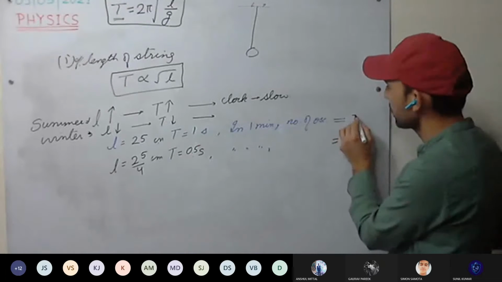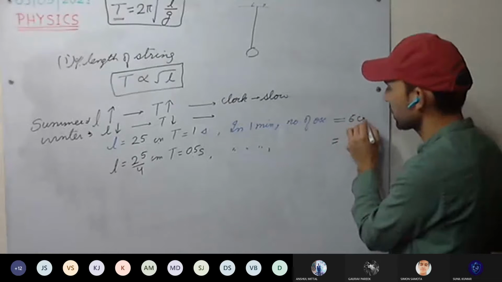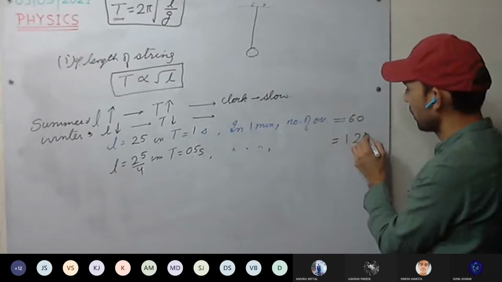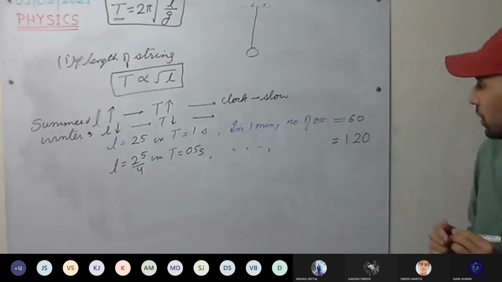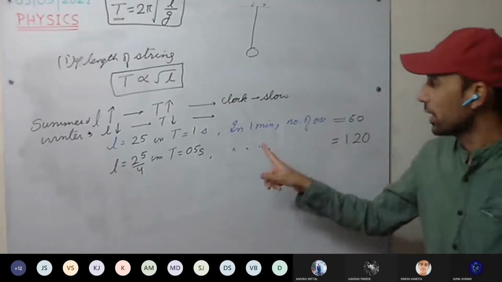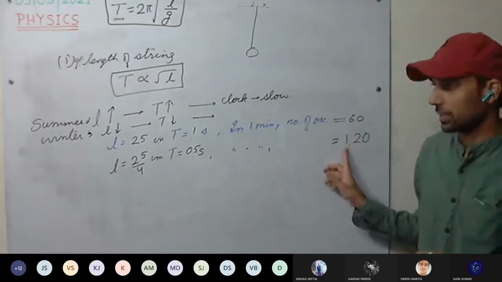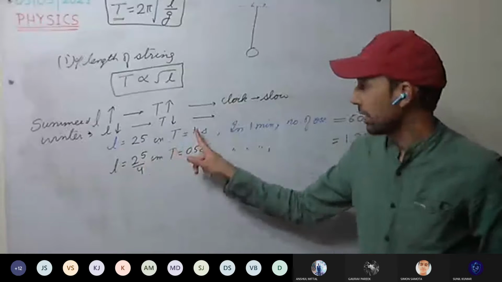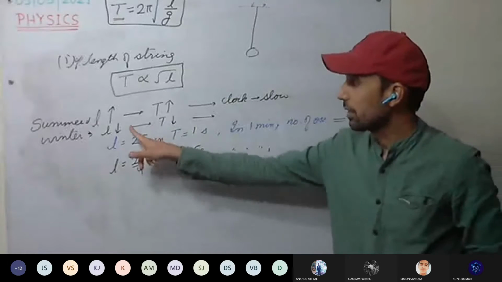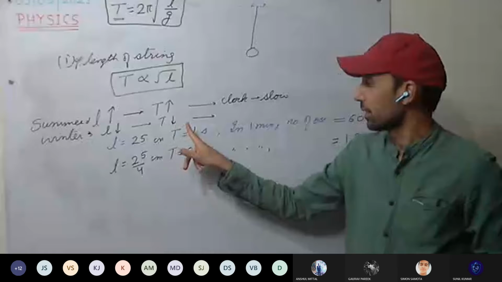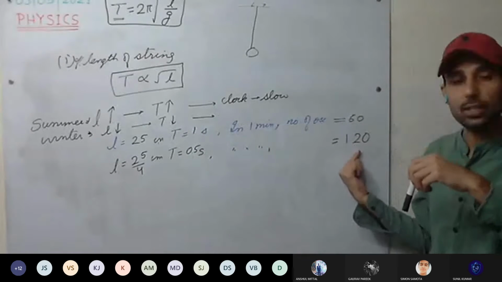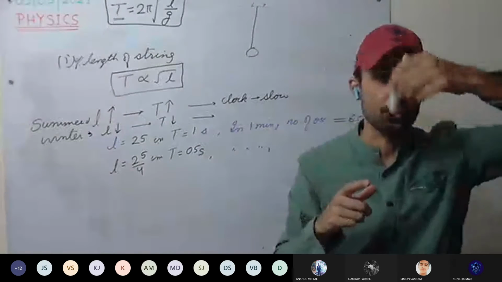And here we had in 1 minute 60 oscillations, and this time they have become 120. So you can see number of oscillations have increased. When the contraction takes place, effective length decreases, time period decreases. Earlier in 1 minute, 60 oscillations, but now 120, that is doubled.